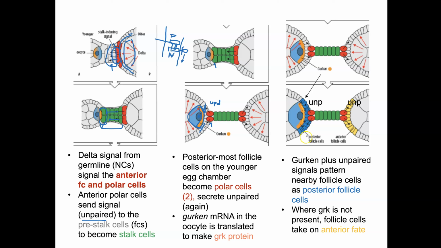So it is the combination of signals from Unpaired and from Gurken protein that makes posterior follicle cells. If you made a mutation and eliminated the messenger RNA or the protein for Gurken, and you just had the Unpaired signaling, you would have cells that have the Unpaired but not the Gurken, and they would take on the anterior fate.